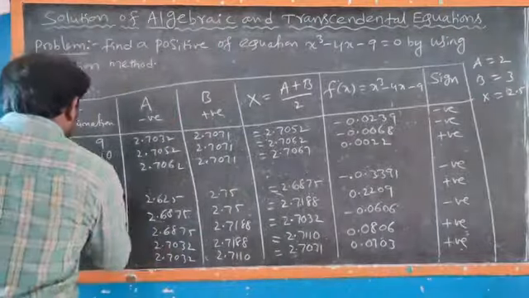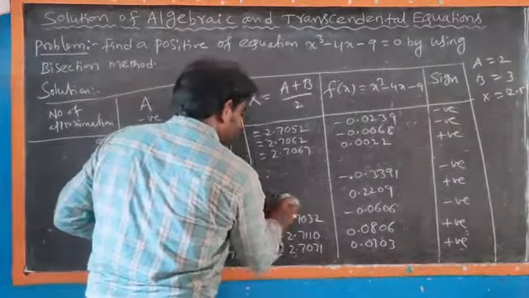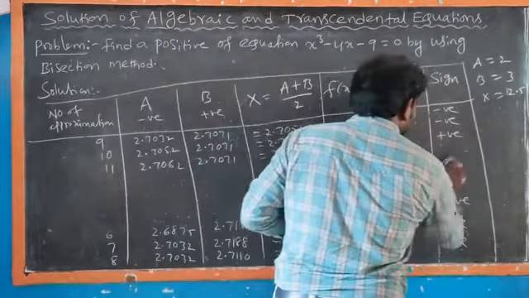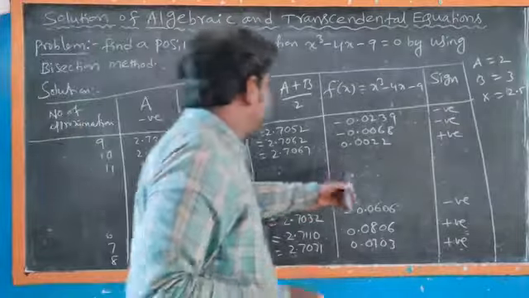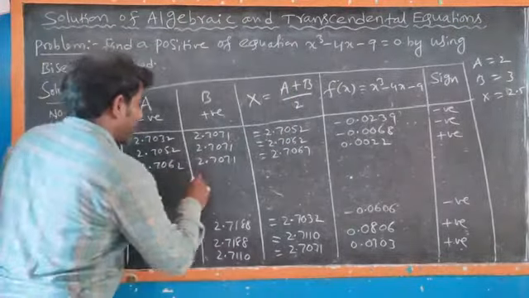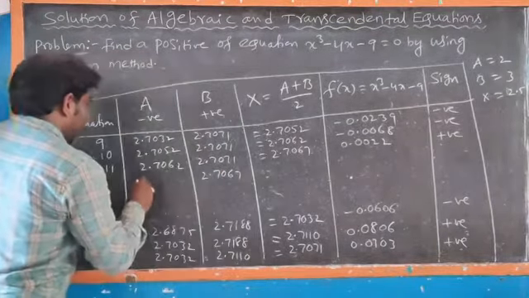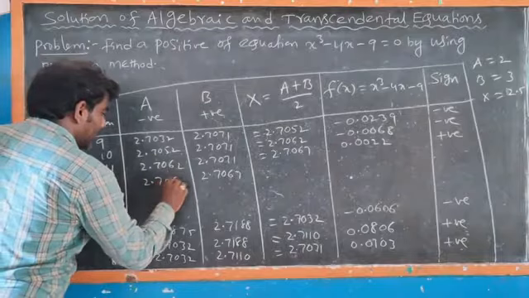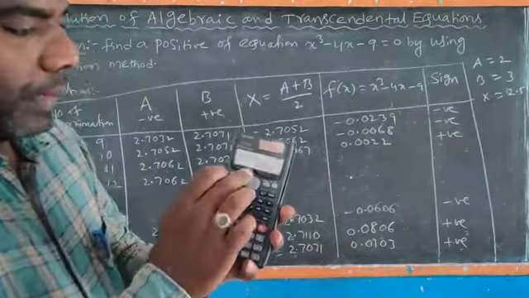Next one. So this is a positive value. So substitute x in b. So 2.7067. What is a? 2.7062. This is the 12th approximation.